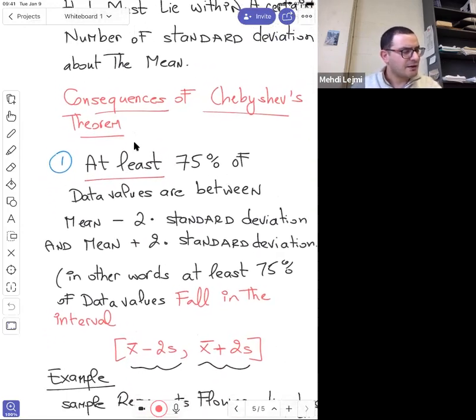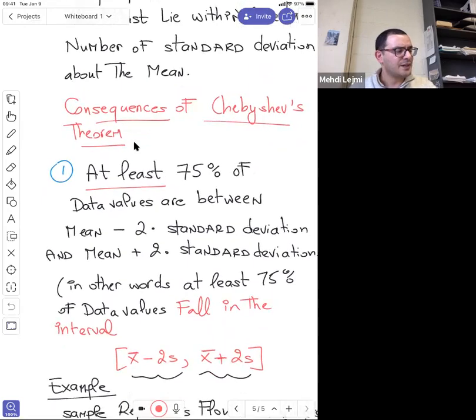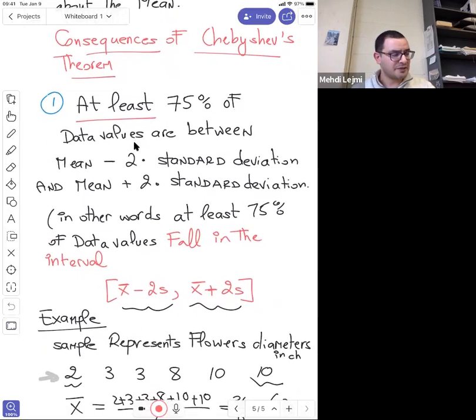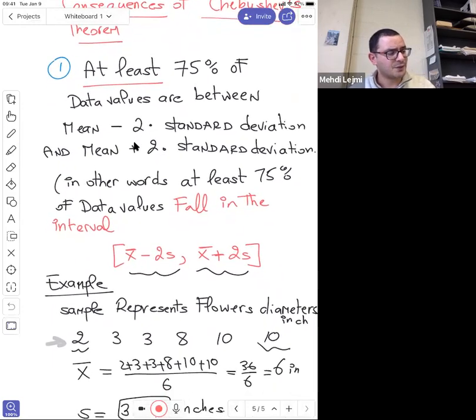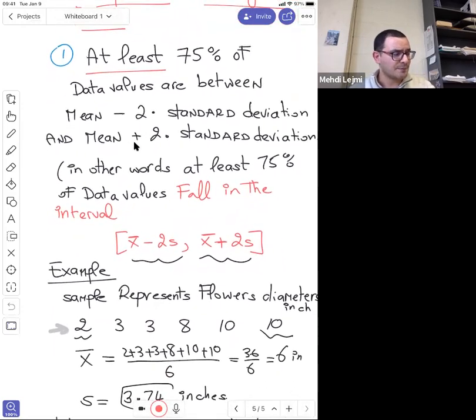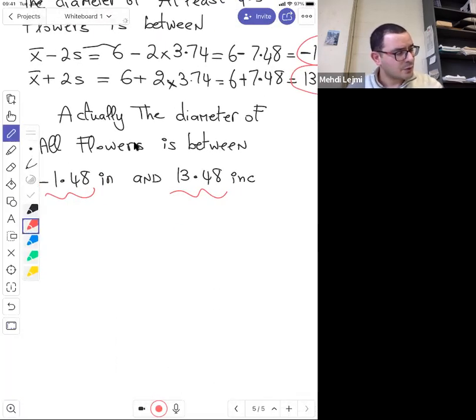Here we said, as a first consequence of this distributive theorem, that at least 75% of the data values are between X bar minus 2s and X bar plus 2s.